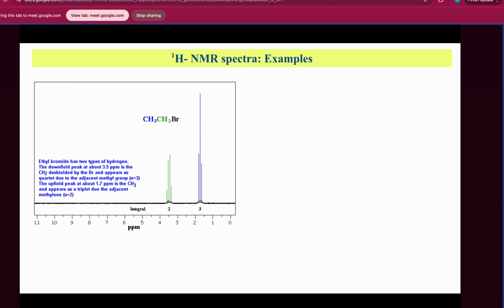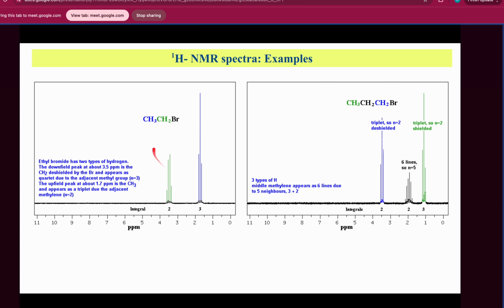And these are the examples. So yeah, we have already discussed. In this case, there are two unique hydrogens, one from CH3 and one from CH2. And then the splitting will happen on the basis of the n plus 1 rule. In this case also, we have three different types of hydrogens. The first hydrogen is present on the CH3 group, the second hydrogen is present on a CH2 group, and then the third on another CH2 group. And how are they different?